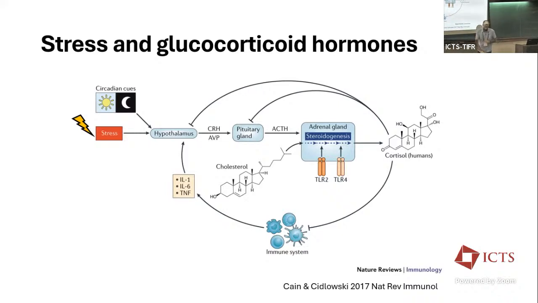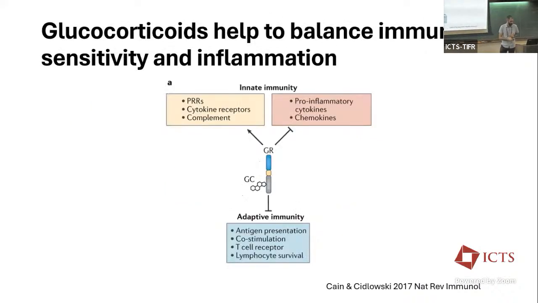So they can increase these PRRs, these things that are recognizing pathogens in cells and responding to it. It can help increase cytokine receptors and complement, these innate immune responses. So having glucocorticoids there can help make sure that the innate immune response is happening very quickly.